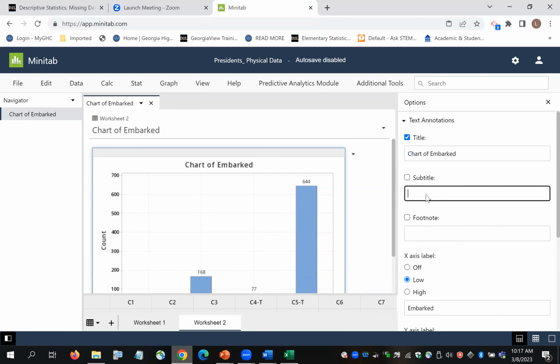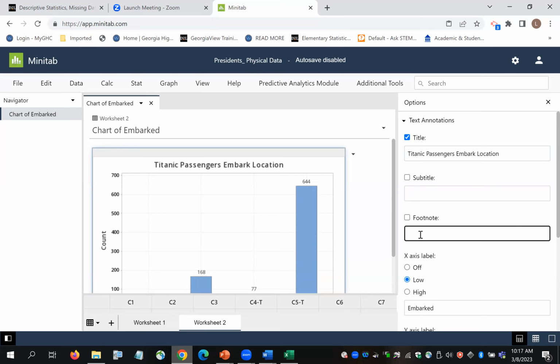Now, if you had a specific date, you might want to include the date. For this one, as a footnote, I looked it up, and since they're using a coding system, I might want to include what the different letters stand for. We had C, which would have been Cherbourg, France.